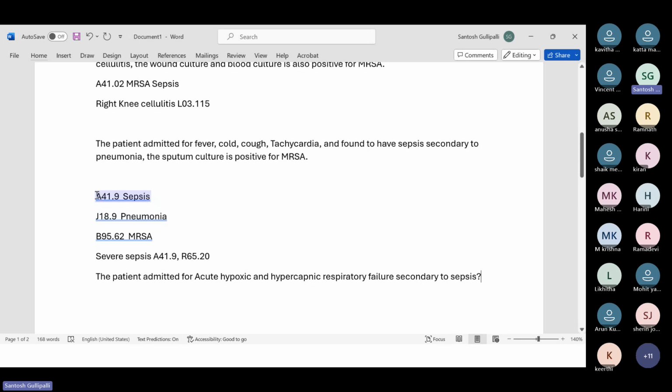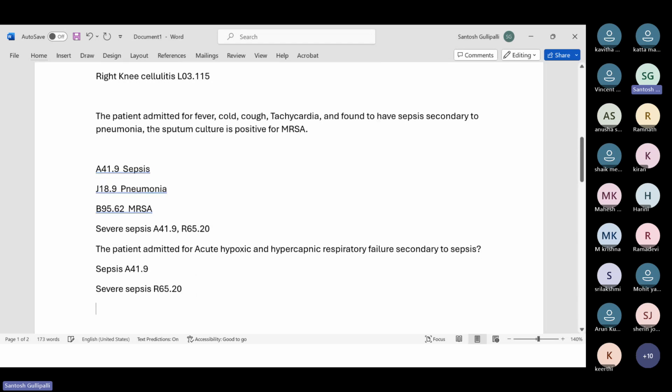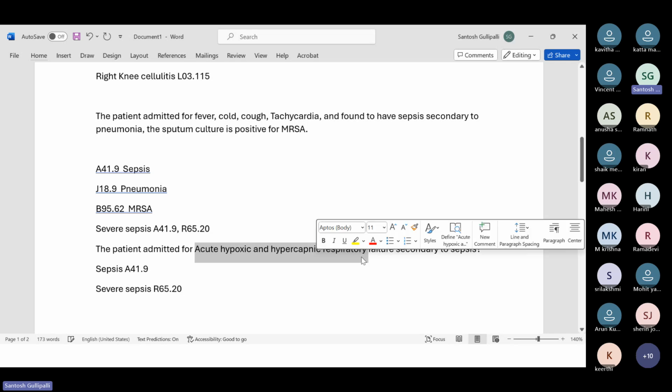For severe sepsis, by default two codes are required. The first code is A41.9, and the second code is R65.20. You can give additional codes, J96.01 and J96.02, for the specific acute organ failure or acute organ dysfunction.